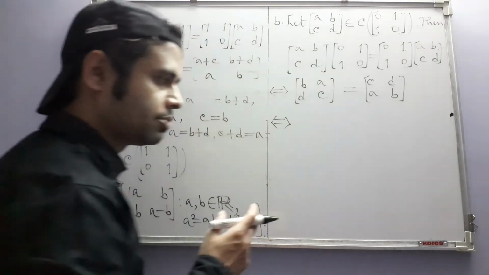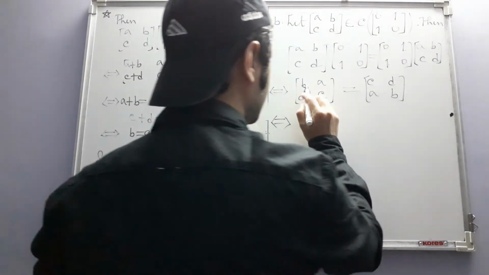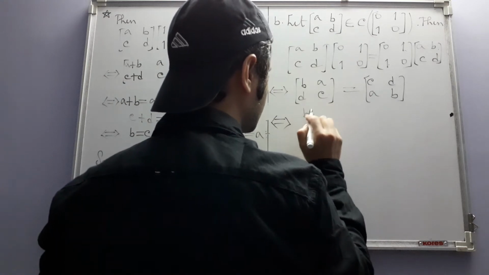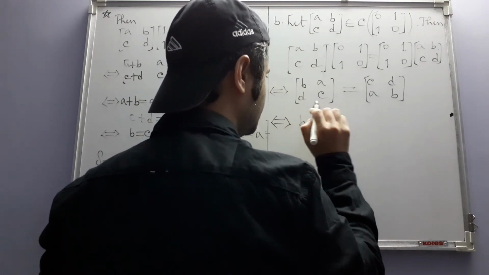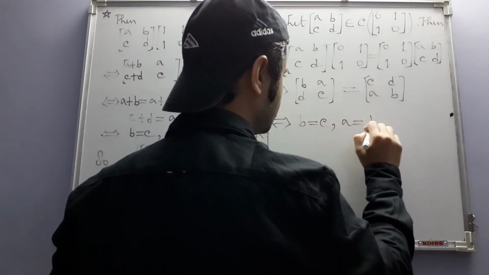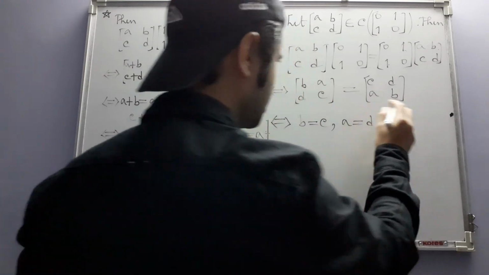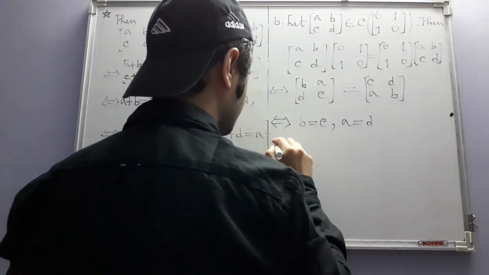We will discuss these things when we learn about matrices separately. So here the conditions are these: B is equal to C, A must be equal to D, and again from the second row also we will get the same conditions.